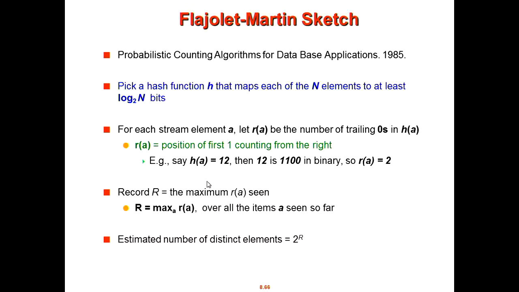Then we get the maximum RA we have seen so far, which is the leftmost position of 1 over all the hash values of all the elements in the data set. And then we use 2 to the power of R to estimate the distinct elements.